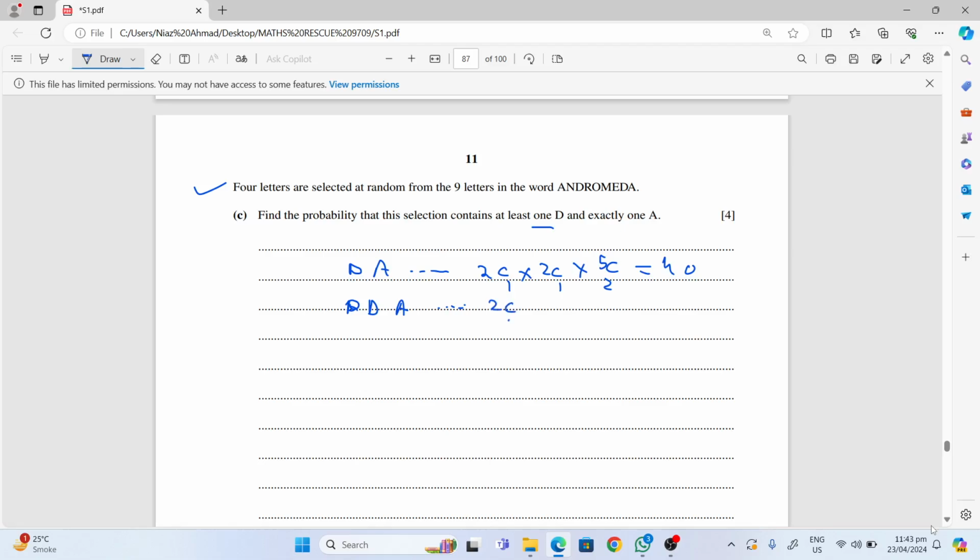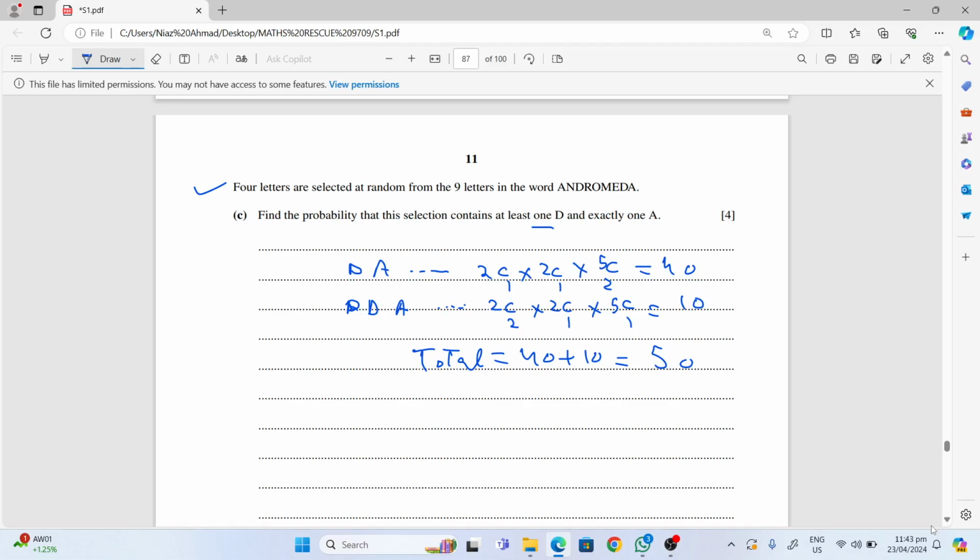When 2 D and 1 A together, it is 2C2 times 2C1 times 5C1, that is giving you 10. So total 40 plus 10 is 50.